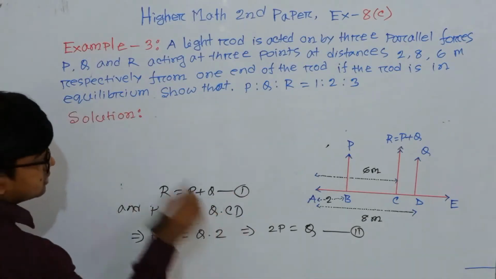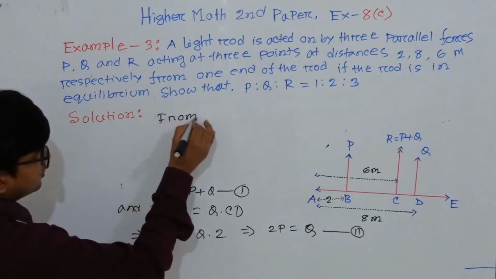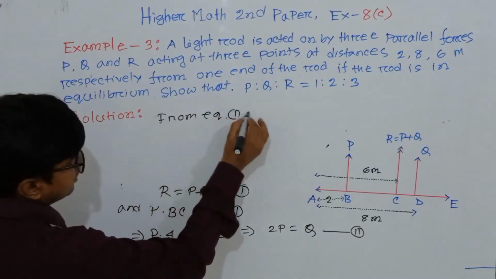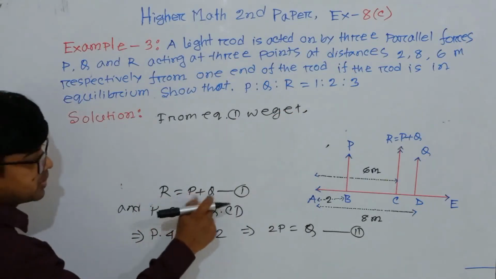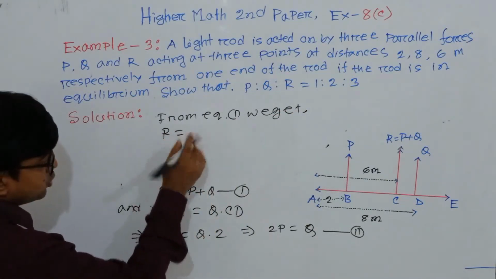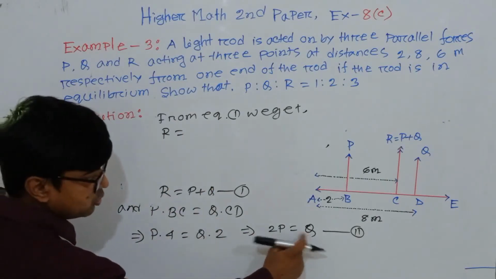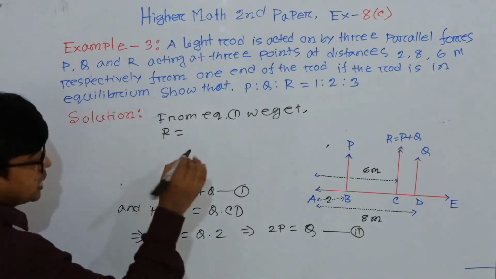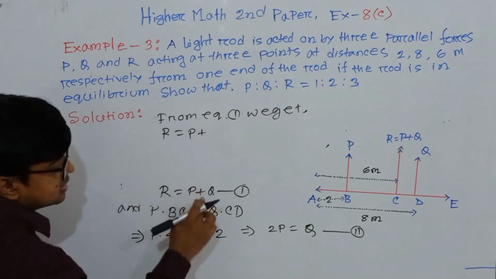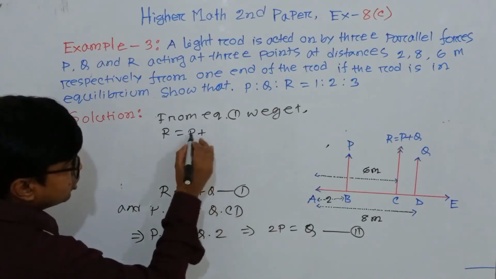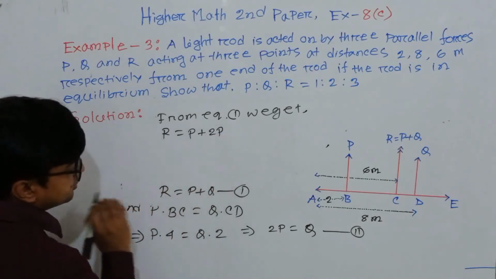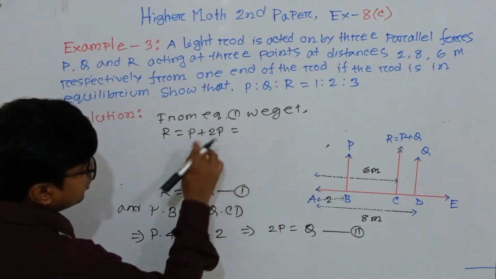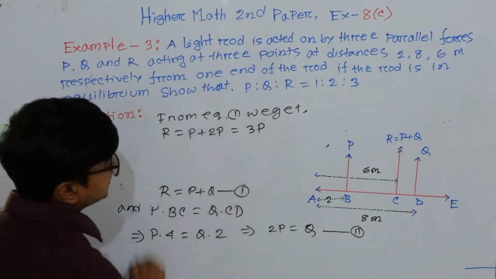Now from equation 1 we get R equals P plus Q, but here Q equals 2P. So we can write P plus 2P, so it's 3P.